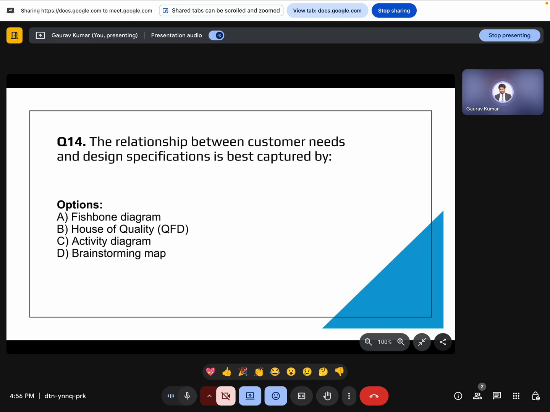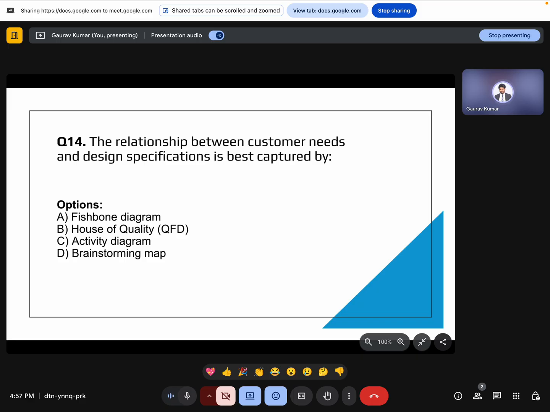Designers must ensure that every customer need is addressed by one or more product specifications. The tool that creates this link is the house of quality in quality function deployment, QFD. So the correct answer is house of quality QFD, and it creates a matrix that connects needs to engineering characteristics.